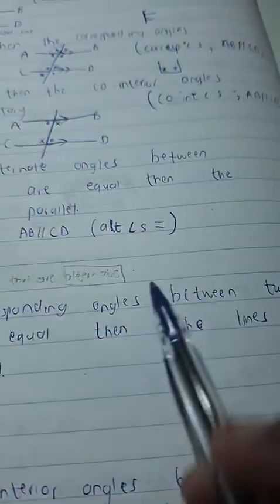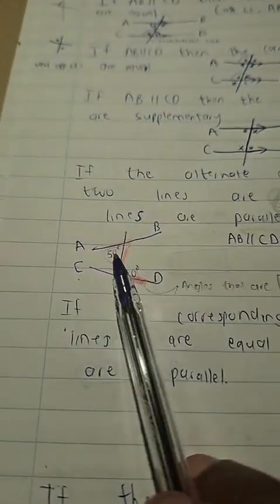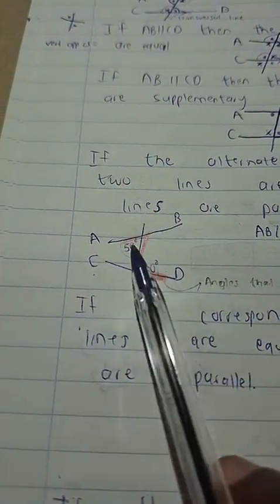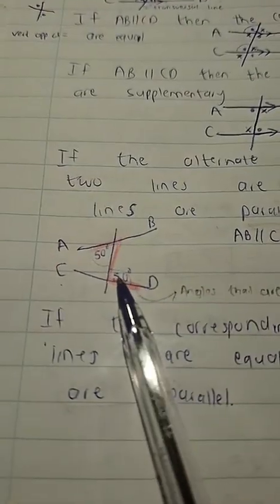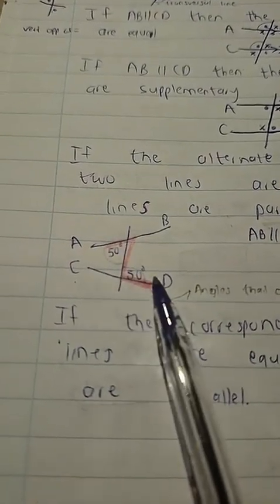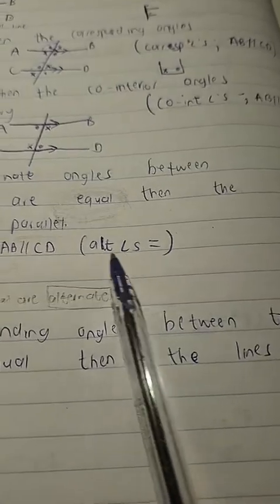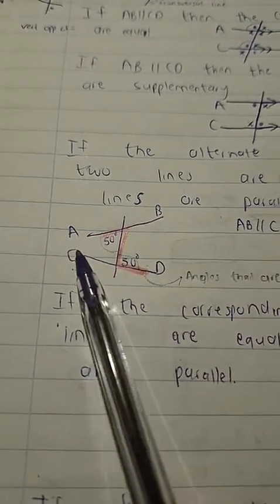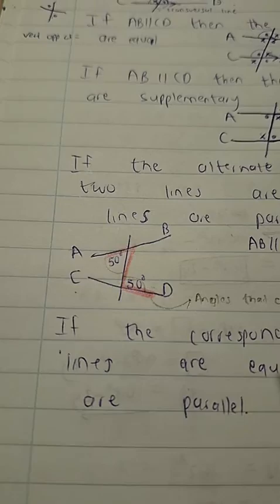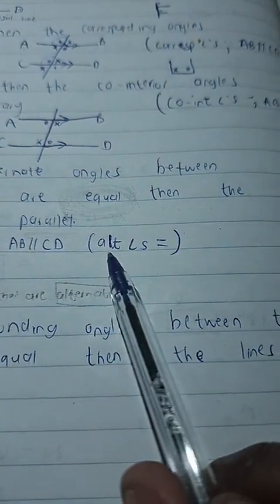The reason is, as user 400 stated, alternate angles are equal. The angles in the alternate position actually have the same value. They are, in other words, equal. So we have proven that AB is in actual fact parallel to CD, and the reason is because alternate angles are equal.